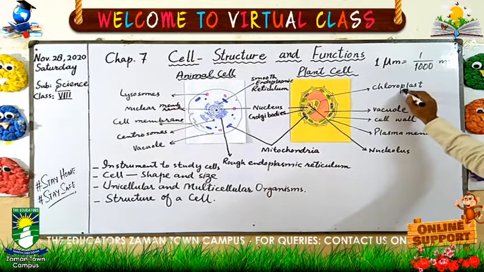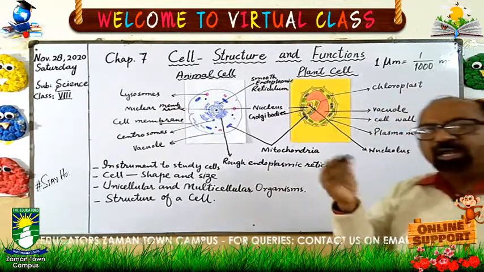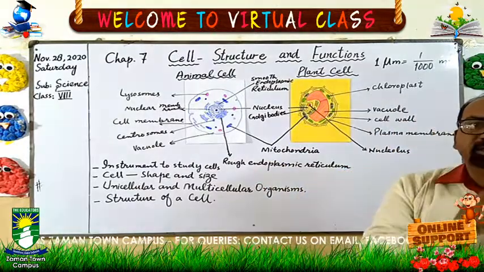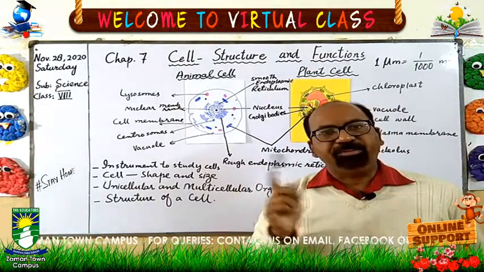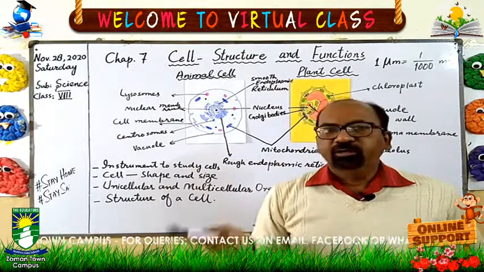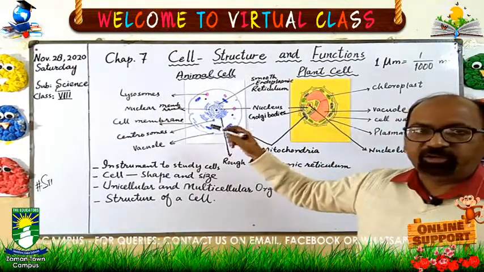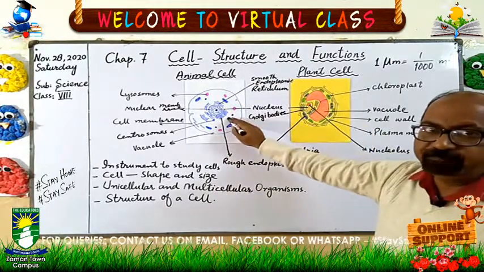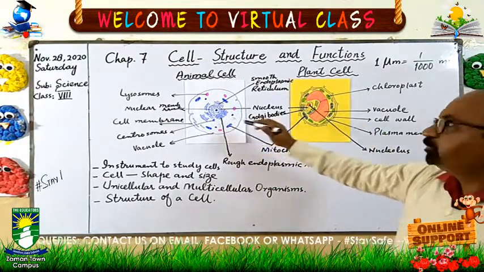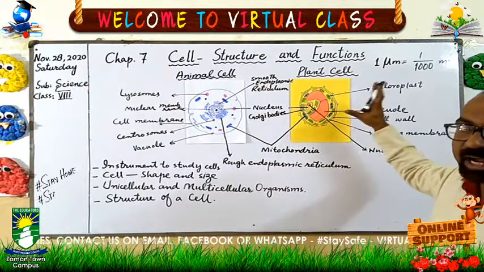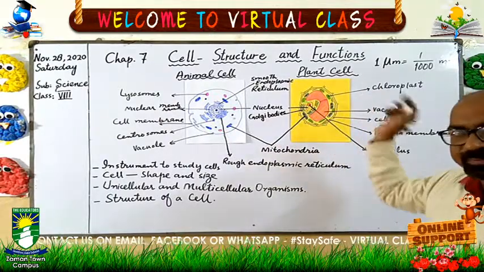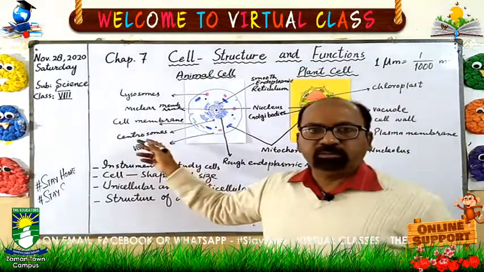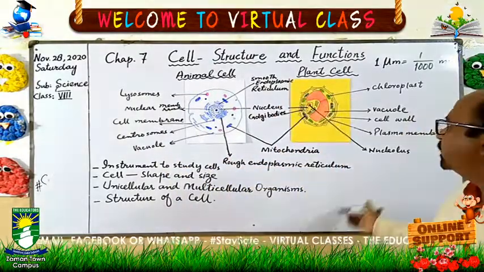Chloroplast is a green color pigment with which the plant prepares its own food. So this is the main and big difference, that plants can prepare their own food by themselves, while the animal cell cannot prepare, because chloroplast is not present in the animal cell. So it is the main part with which they are preparing the food. So these are different parts of plant and animal cell.